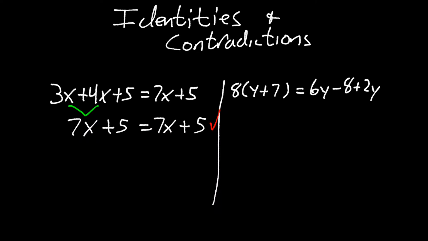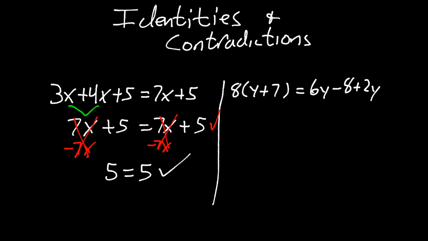So it's true. But if you don't notice that this is an identity at this point, well, we can go about our process as we have, get all of our variables on the same side. So I'm going to subtract 7x from both sides. 7x minus 7x is 0. And I'm left with 5 equals 5. Once again, that's an identity.